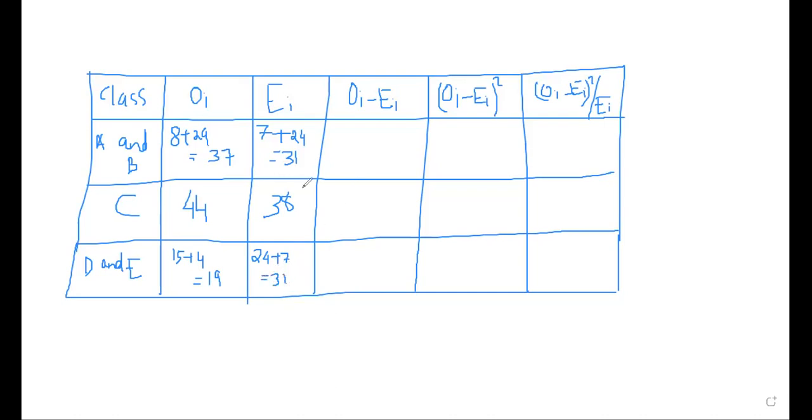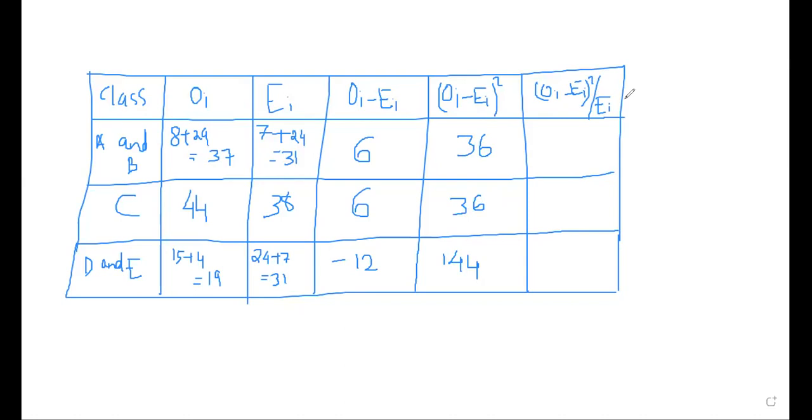Then you have to find OI minus EI. That is 37 minus 31, that is equal to 6. Then 44 minus 38, that is again 6. Then 19 minus 31, that is minus 12. Then you have to find the square. 6 square is 36, here also 6 square is 36, and here this is 144.